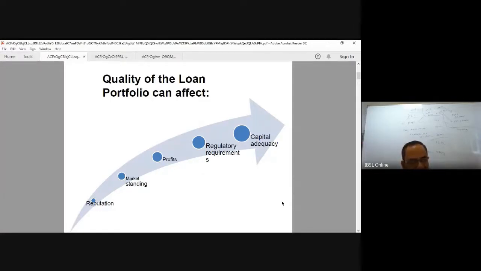The market standing, how the particular institution is perceived, right? Some banks are perceived as very solid, and they balance their risk and returns properly, so that they don't get into unnecessary trouble, and they safeguard stakeholder interest to the maximum. That is the market standing. And profits are very important for an institution.